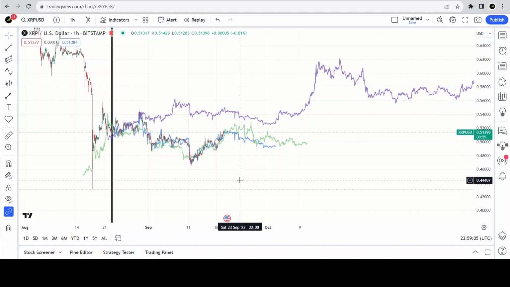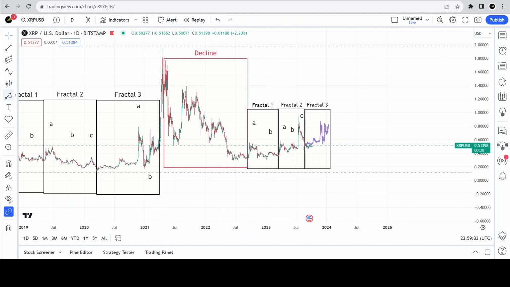If you did like what you saw, this type of TA is something that I have discovered and developed. I use fractals and structures from the past to predict future movement. Zooming out here, I predicted, my channel started around this area. I predicted this move up. I predicted the move back down. I predicted that it would either go flat or slightly down. On this one, I predicted that there would be 3 waves.